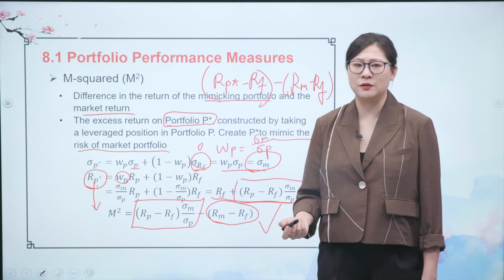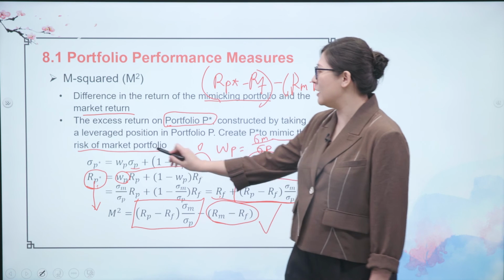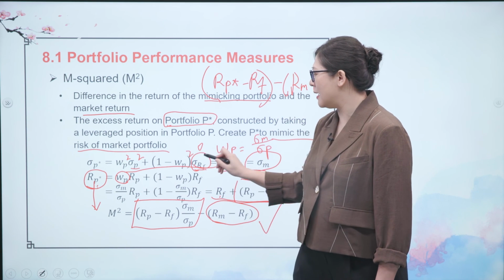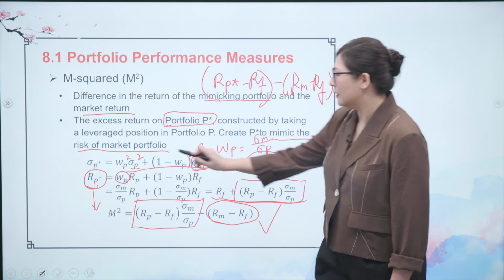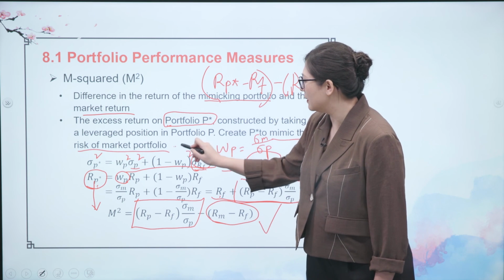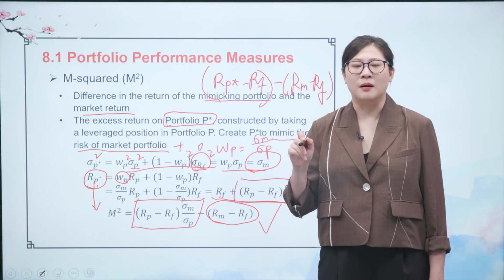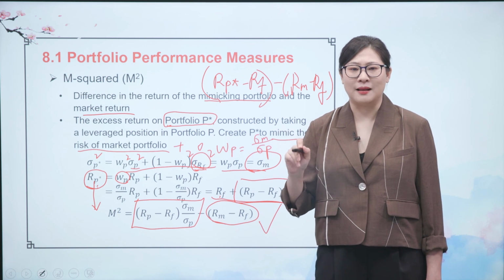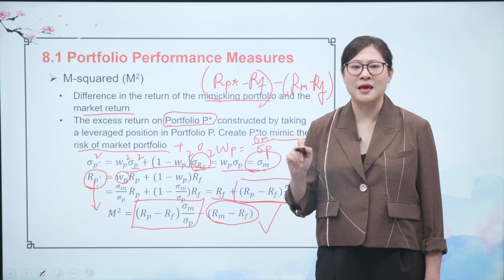Some students ask me why it should be equal to this equation. Definitely you can write down the variance as squared terms, and also you multiply. This is the square, and don't forget you need to add 2 multiplied by WP, multiplied by 1 minus WP, and multiplied by the covariance between portfolio P and RF.